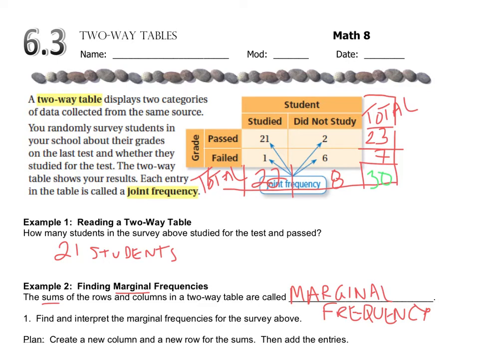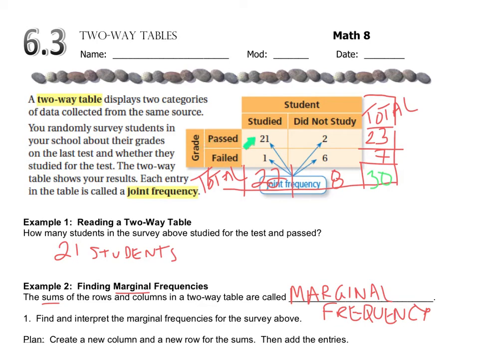Now let's talk about what this is all telling me. The marginal frequencies are basically telling me, if I look at a topic, so let's look at my students who studied, if I add it down, I have a 21 and a 1. There are 22 students out of the group that we talked to that studied. There are 8 of our group that didn't study.